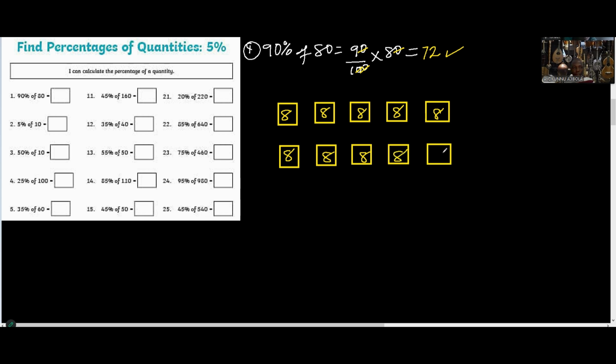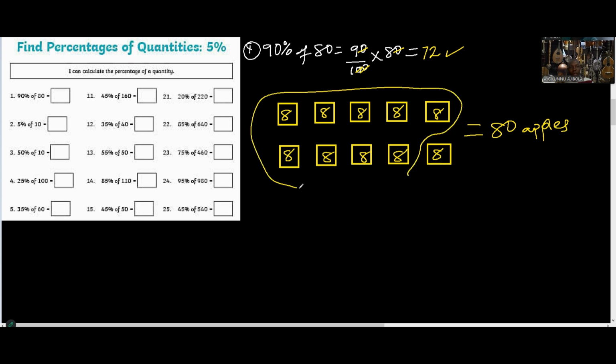That's 80 apples. So if I want 90% of 80, 90 is close to 100, yes or no? Yes. That means I need a greater value. So this is 90%, 9 out of the 10.